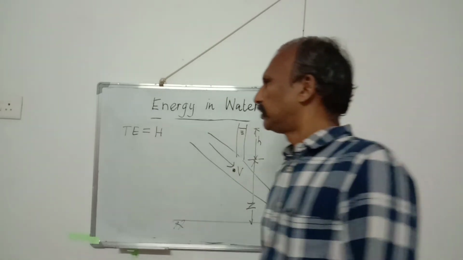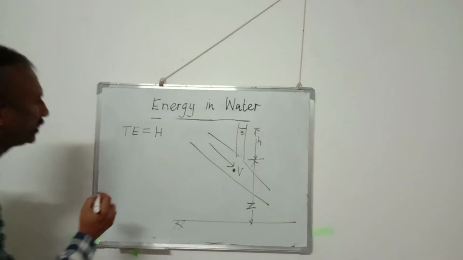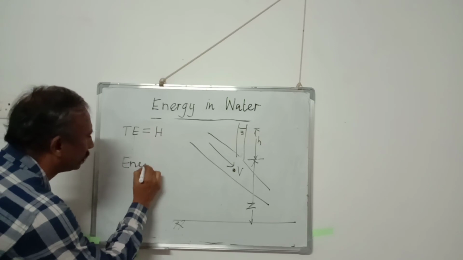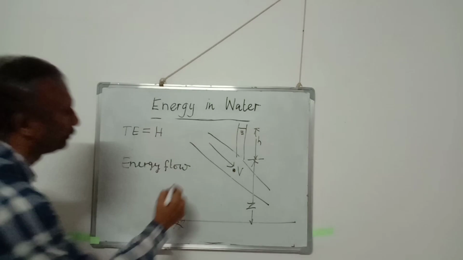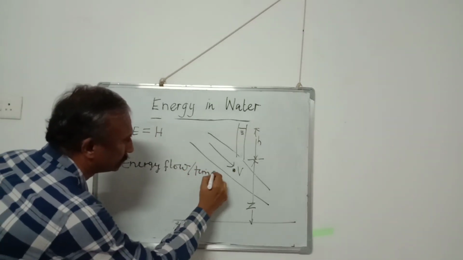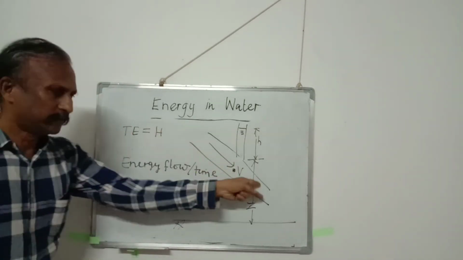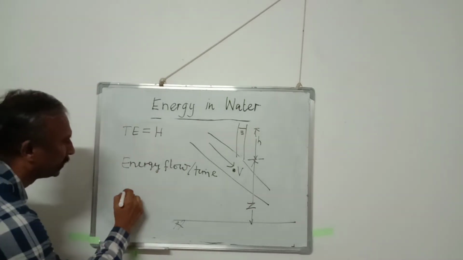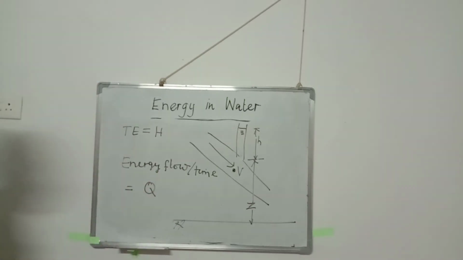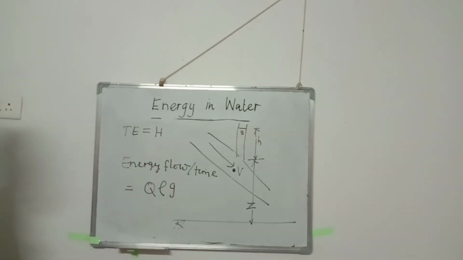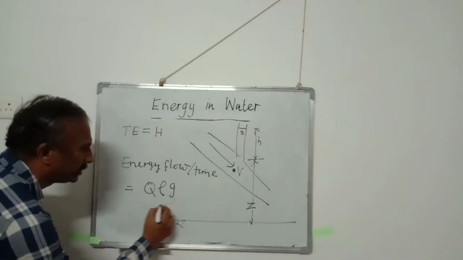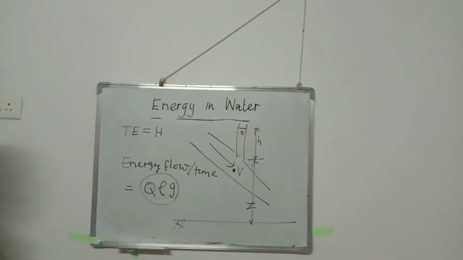So how can we estimate how much energy flows per time? Let us assume that the discharge rate is Q. So Q multiplied by rho g, that is weight density, will give you the weight of water flow.